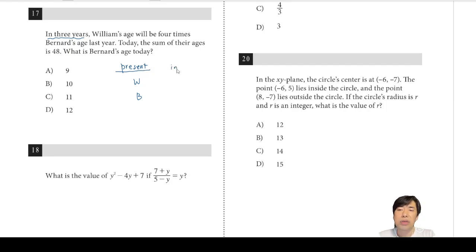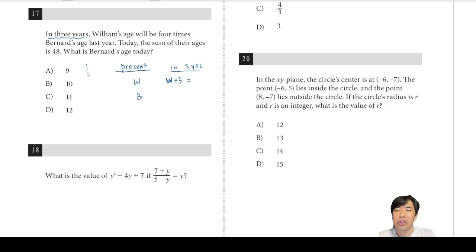In 3 years, William's age is basically W plus 3, because it's after 3 years. And this age will be 4 times Bernard's age last year.